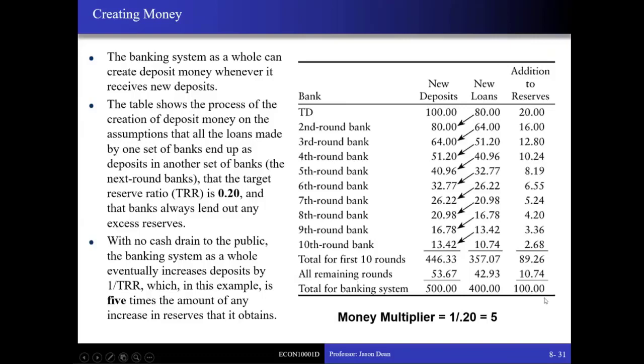The multiplier is simply the end result, the total new deposits, divided by the initial deposit: 500 divided by 100 is equal to 5. So that's the multiplier. You can calculate it by taking 1 and dividing it by the target reserve ratio, which is 0.2, and we get 5.